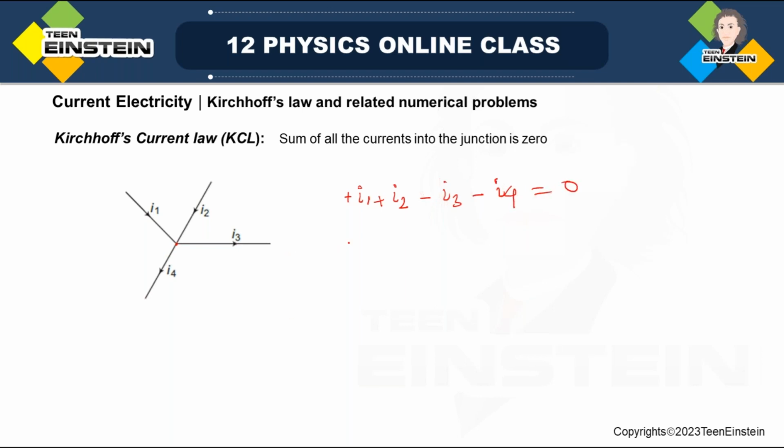Or in other words, the sum of the currents coming into the junction will be equal to the sum of the currents going out of the junction. So this is the current law. This will be used while solving numerical problems, and at that time I'll mention how we are using KCL.